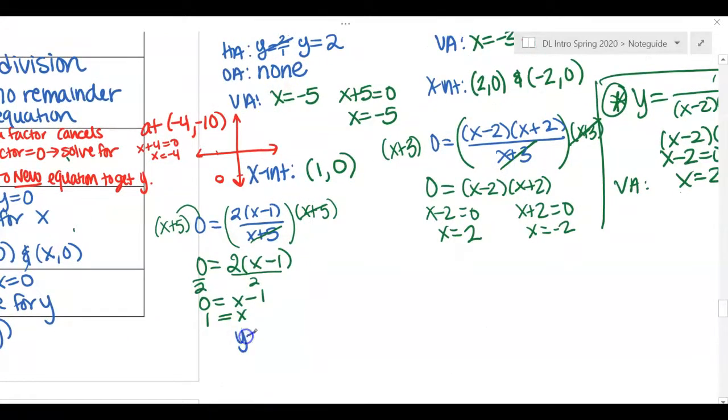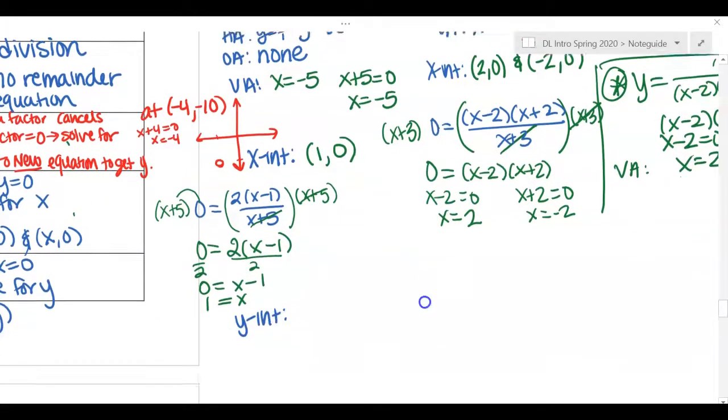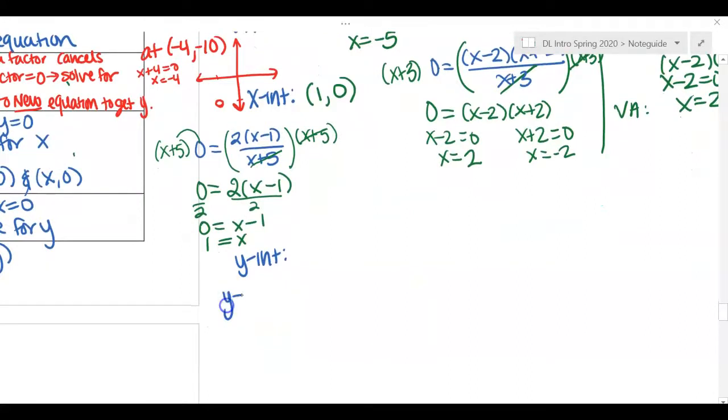So to find the y-intercept, remember you're taking the most simplified version of the equation, but this time you're plugging in 0 for x. And so when we do this here in this equation, it'd be 2 times -1/5, which is -2/5. So that's my y-intercept. And remember, that's a point where x is 0 and y is -2/5.